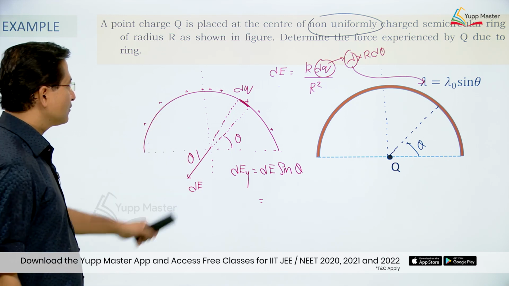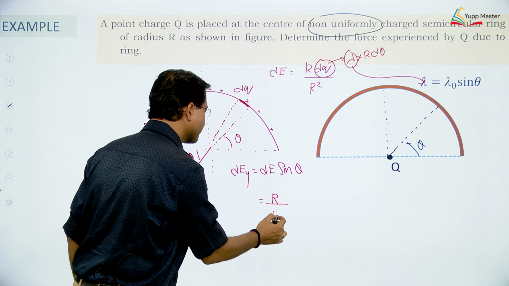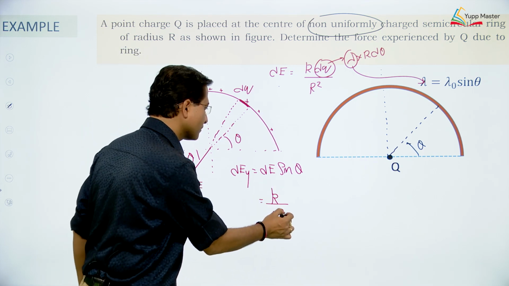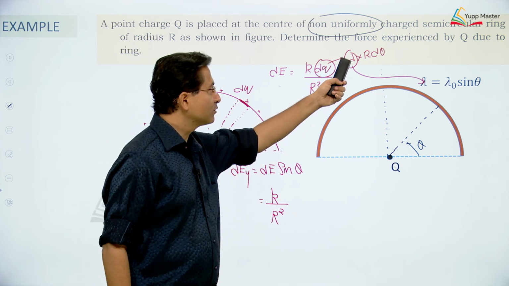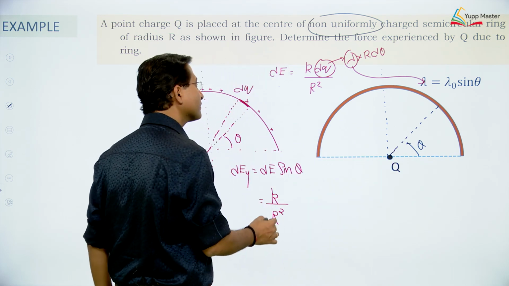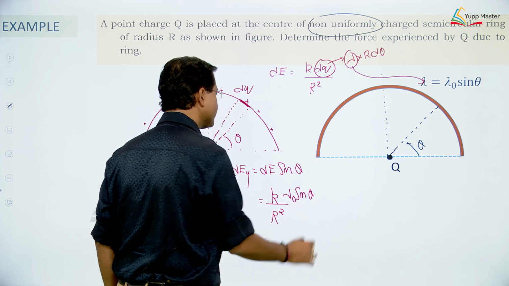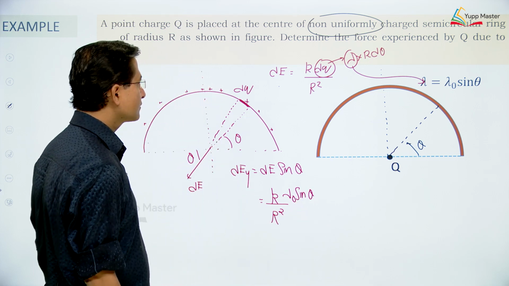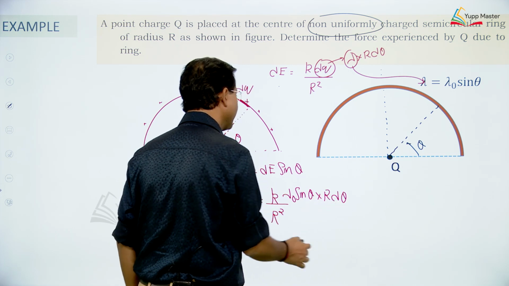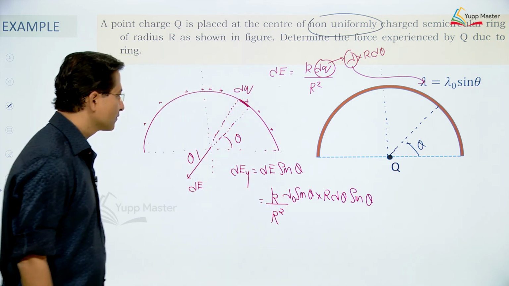If I simplify the whole thing, I will get k divided by r square into lambda r d theta, where lambda is equal to lambda naught sin theta, into this sin theta.